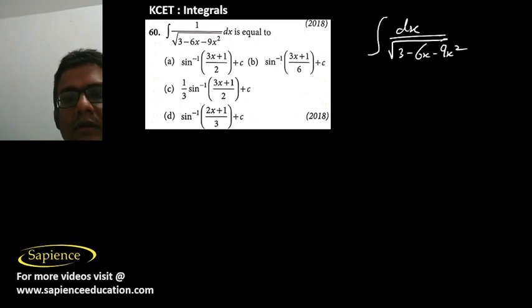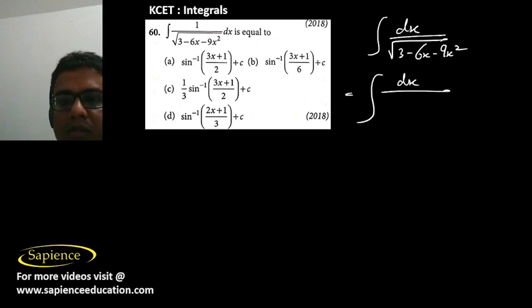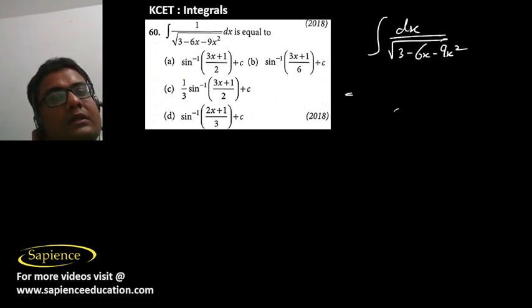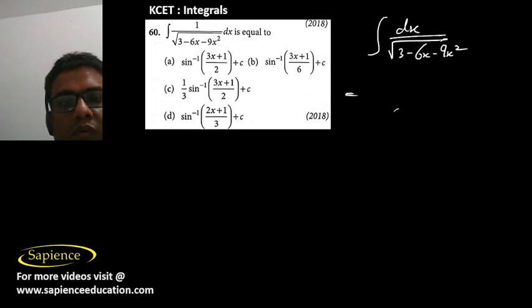Then here it is told to find the integral dx by square root of 3 minus 6x minus 9x square. We have to complete the square actually.